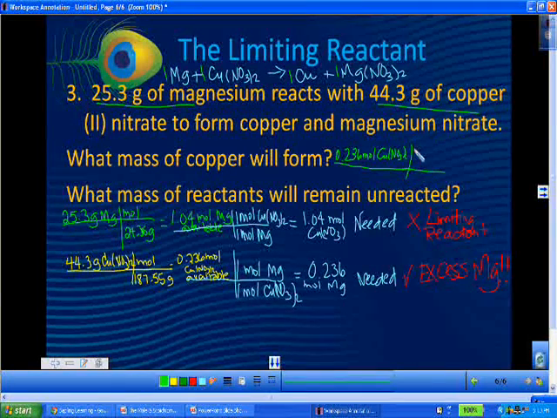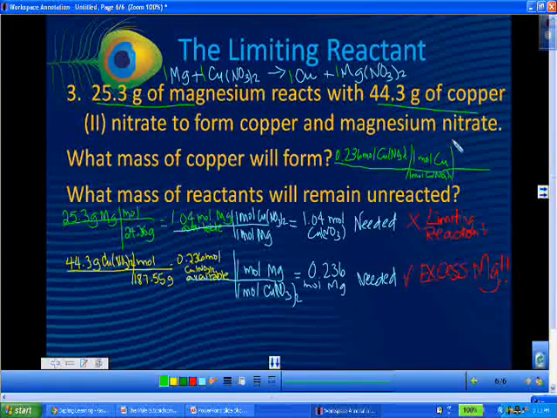So to convert moles of copper(II) nitrate into moles of copper, we have to use our mole ratio. So using the balanced equation, 1 mole of copper(II) nitrate is equal to 1 mole of copper.